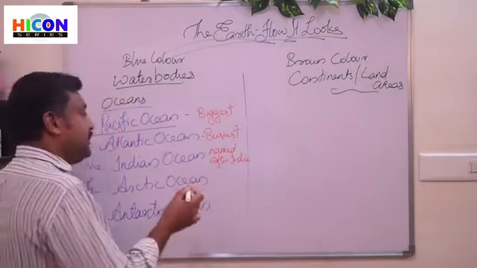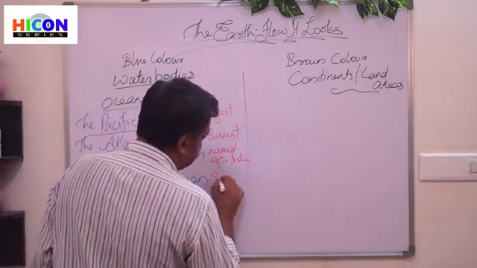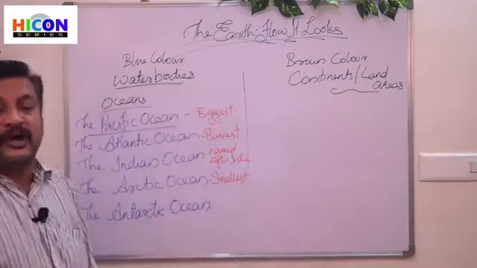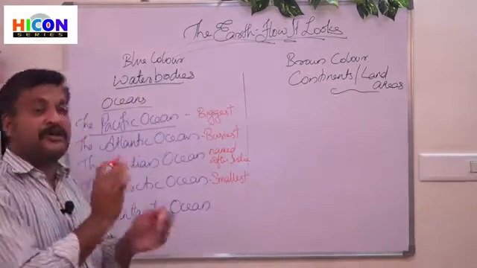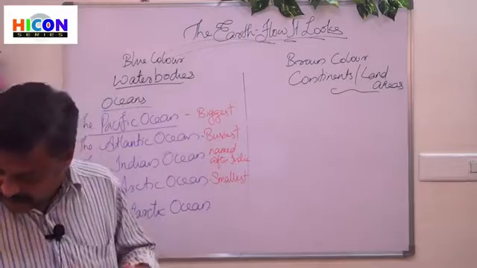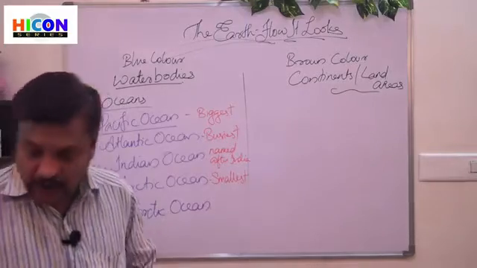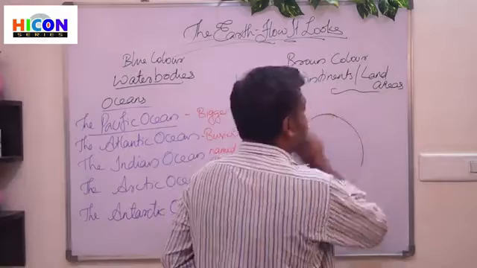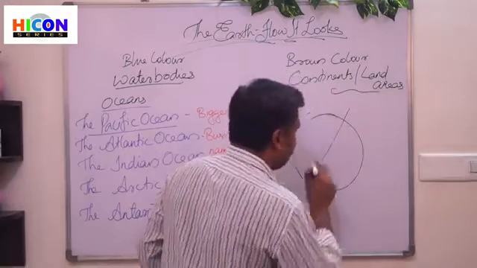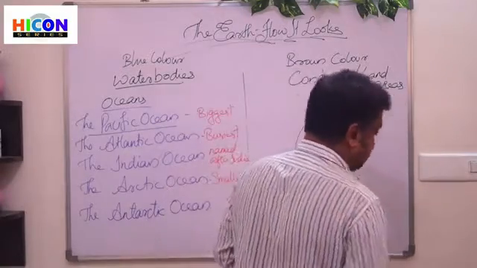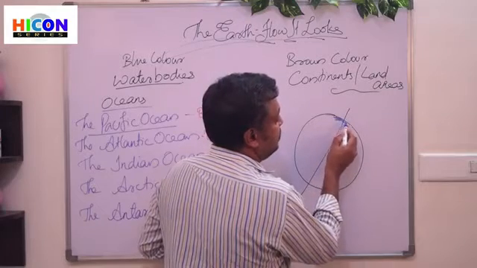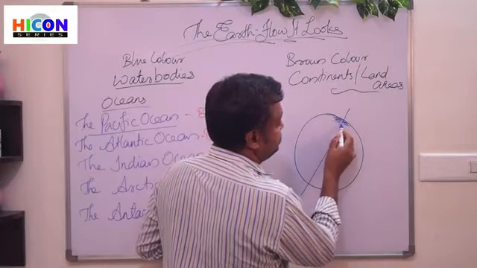Okay. Now, Arctic Ocean is the smallest ocean. When we draw the globe, imagine this is the Earth and this is the axis. We can see this region, we have an ocean here.